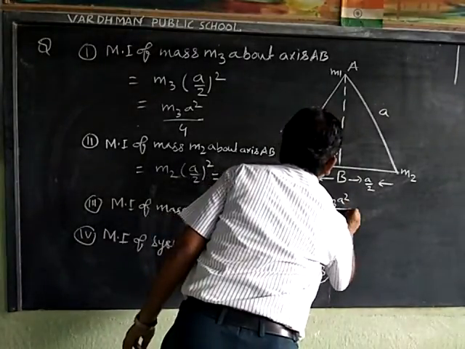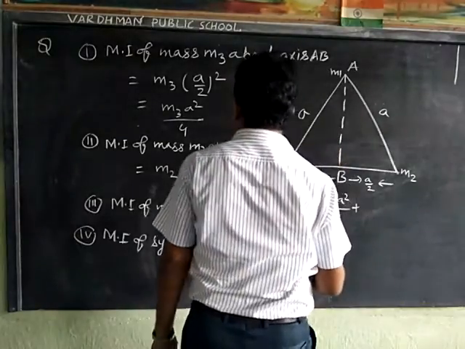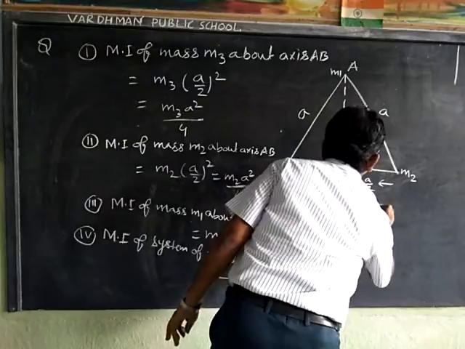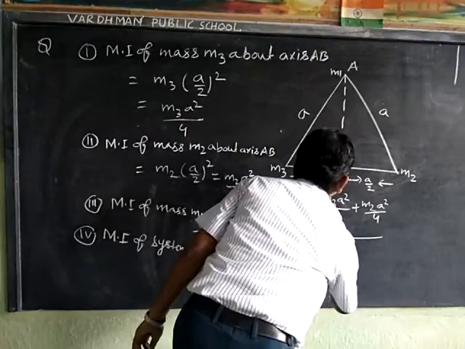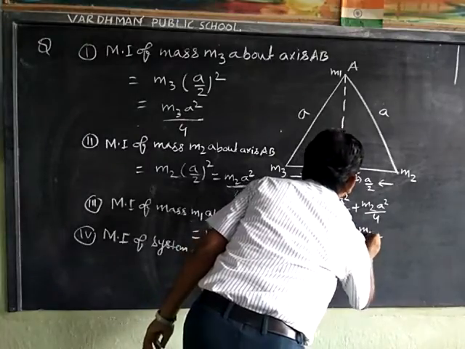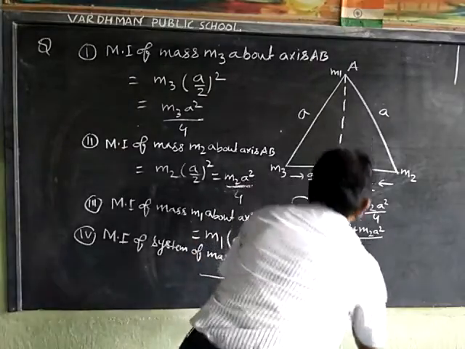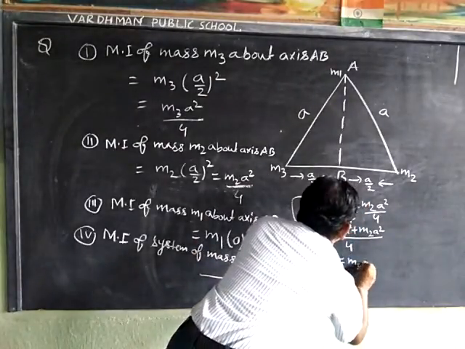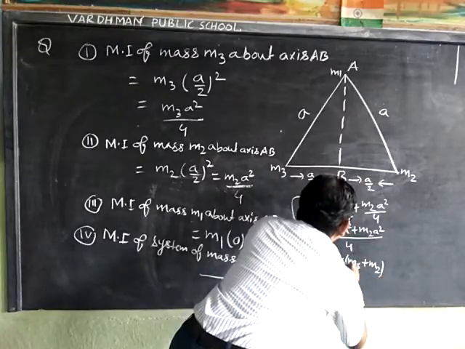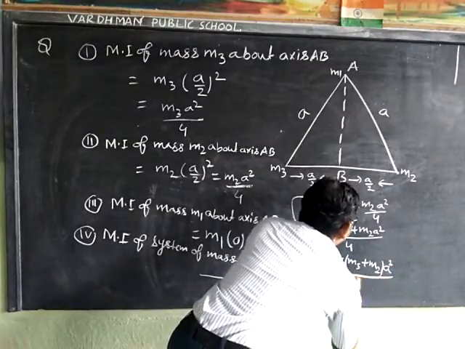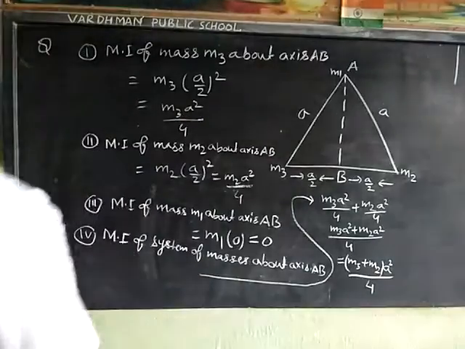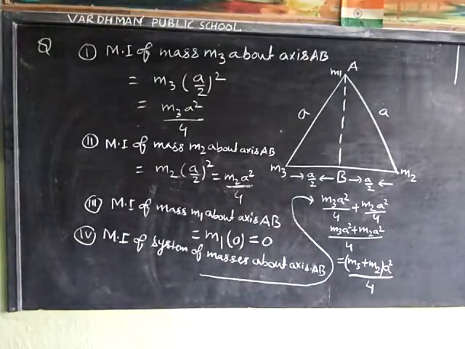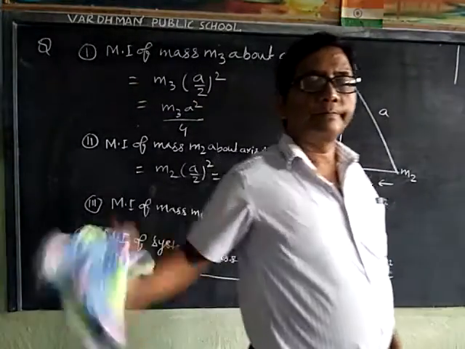Taking LCM, M3 a square plus M2 a square upon 4. This can be written as (M3 plus M2) a square upon 4. Now we will discuss the next question.